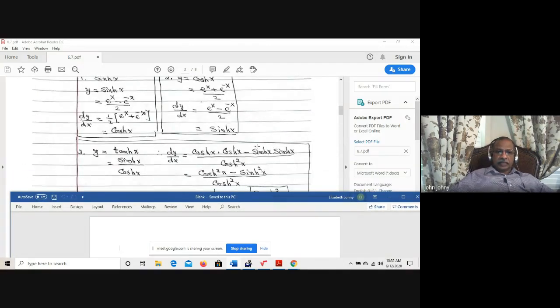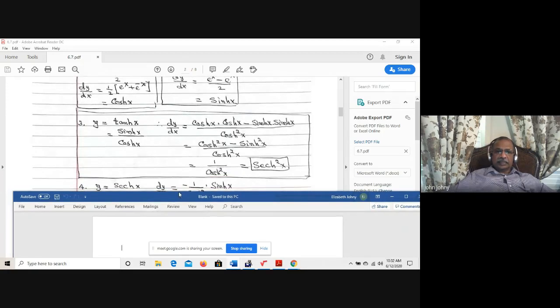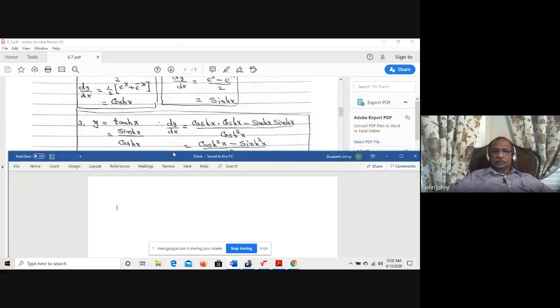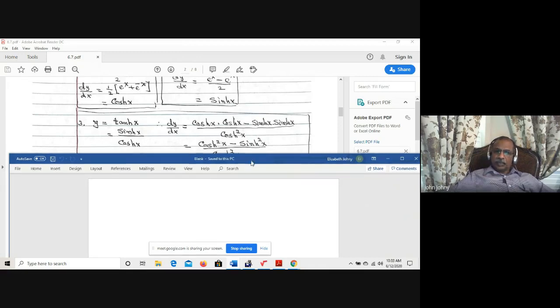Then tanh x. Tanh x is sinh x over cosh x. So you use the quotient rule here. dy over dx is the denominator, that is cosh x, times the derivative of the numerator, the derivative of sinh x is cosh x, minus the numerator sinh x times the derivative of cosh x, that's sinh x, all divided by the square of the denominator.